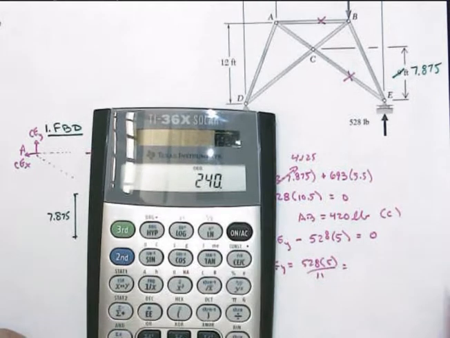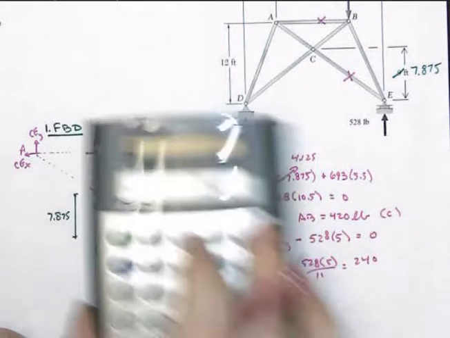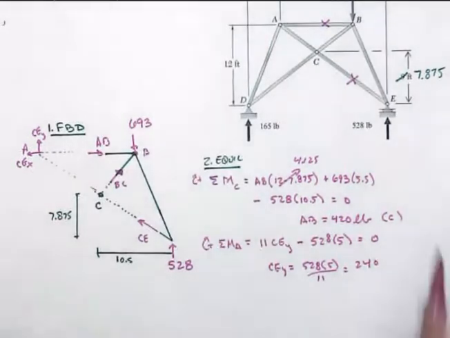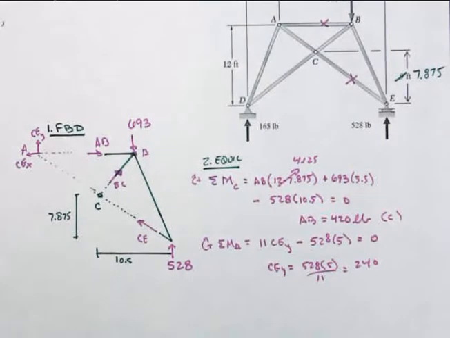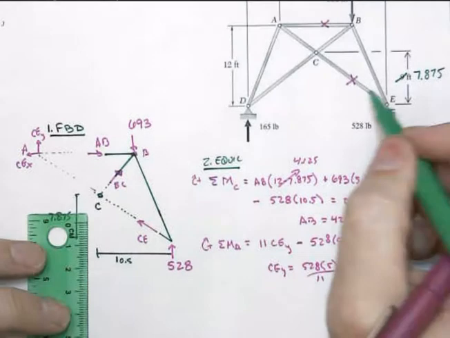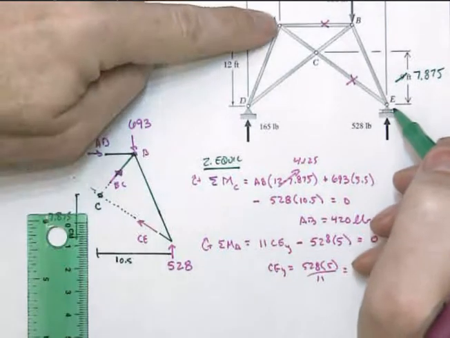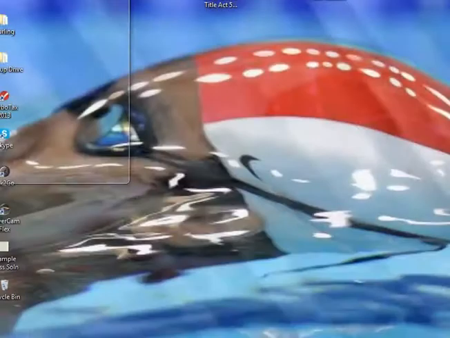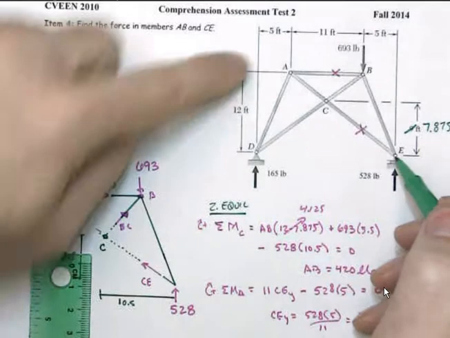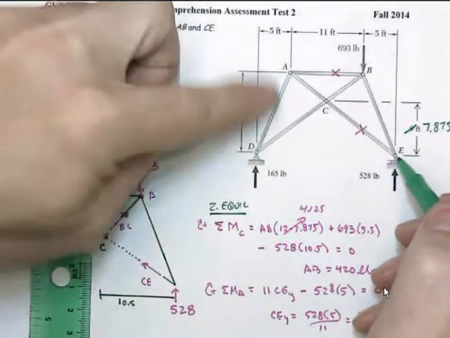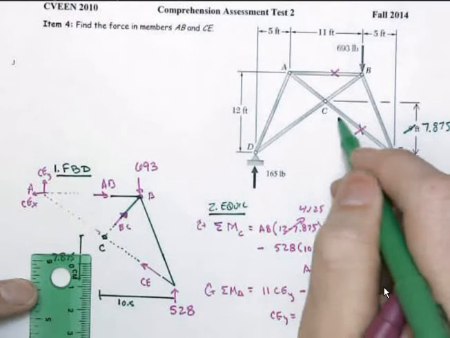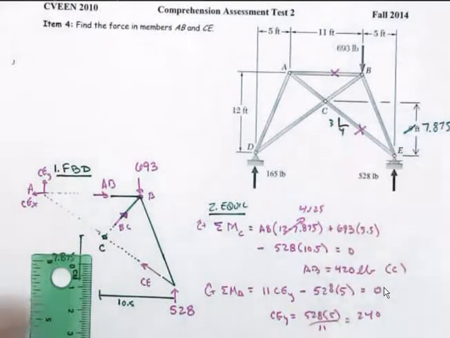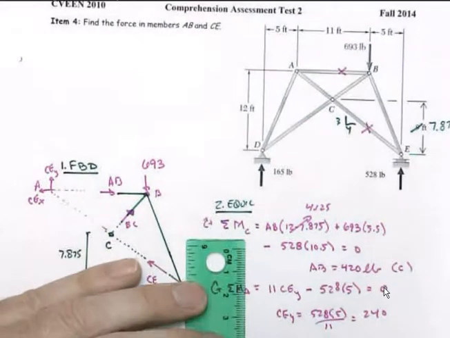And that's just the Y component of CE. And note that we've got this member, or actually this whole line, to be 12 foot high, 16 foot run. Oh, that's a 3, 4, 5 triangle. Right? So if that's the case, we want CE at a 3, 4, 5 relationship.